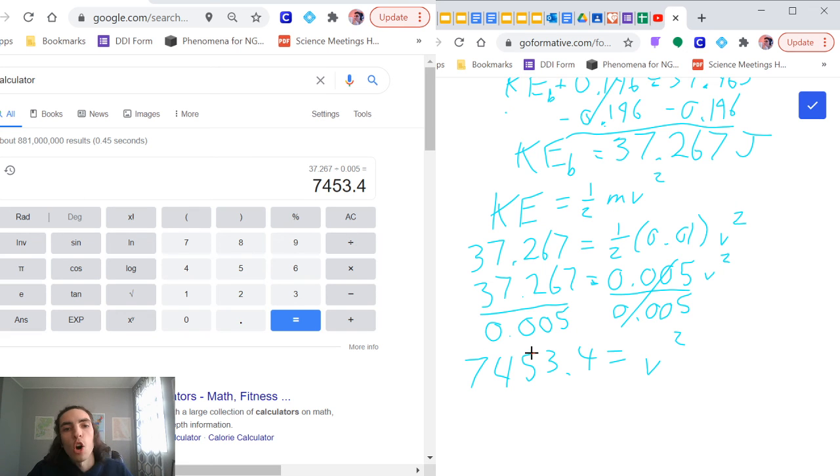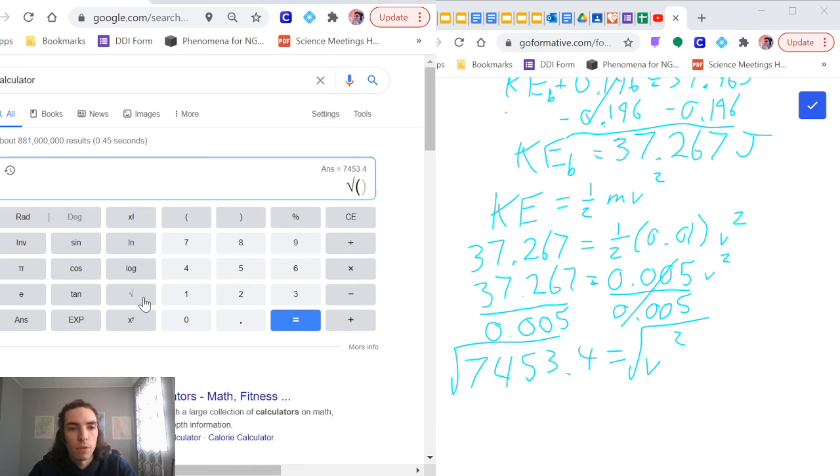And don't forget, all we've solved for so far is v squared. We haven't figured out how fast it's actually moving. That would be just velocity, not velocity squared. So in order to get rid of this squared, we're going to need to take the square root, and we have to do that. If we do it to one side, we've got to do it to the other. So let's take the square root of this 7,453.